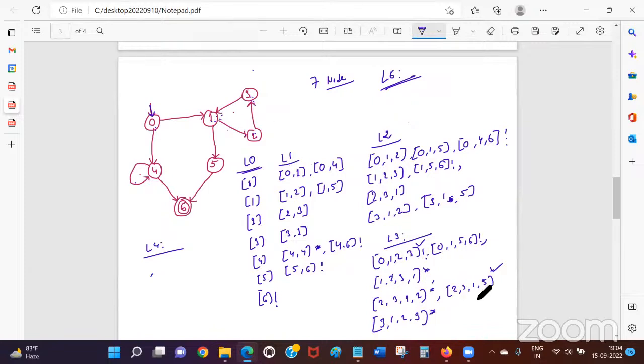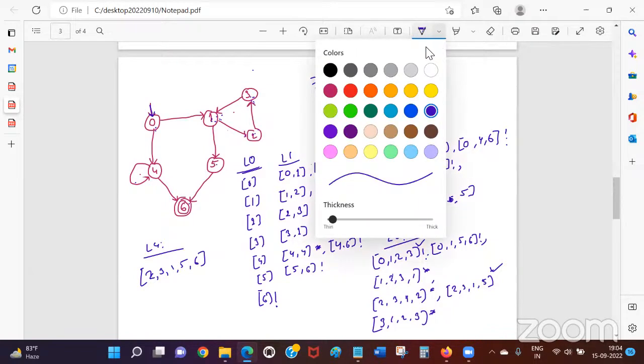So one path only I can extend. That's basically 2, 3, 1, 5. So 2, 3, 1, 5 ends with a 6 clearly. So I'm getting clear which are the paths you need to finally consider to find out the test requirement, or the prime paths.